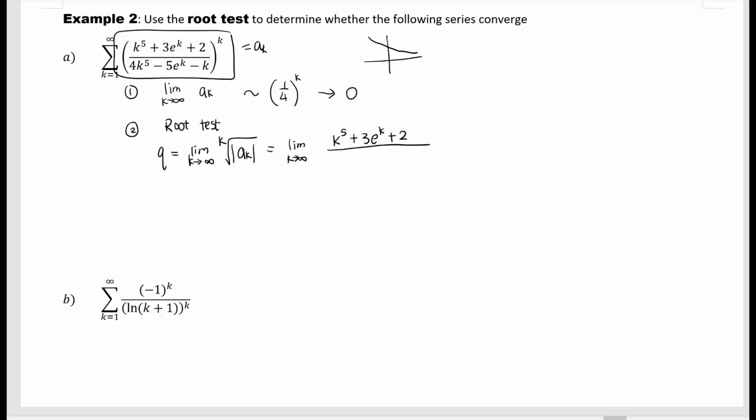Oh, I just realized I made a mistake. What mistake did I make? So this is actually a very common mistake. Look at the dominant terms. The dominant term is k to the fifth? No, the dominant term is the exponential term. So this is not 1 over 4. This is actually 3 over 5.